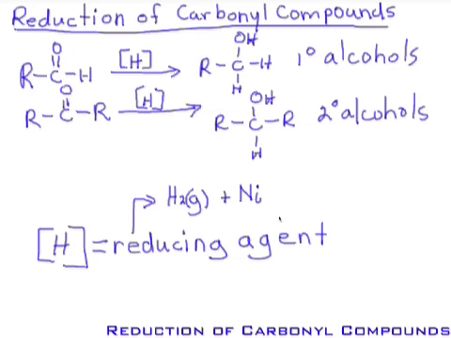Nickel acts as a catalyst to activate hydrogen. We'll talk more about this catalytic hydrogenation reaction when we look at it again in alkene chemistry. This is often accompanied by heat and pressure. So sometimes you have to put the H2 gas under some pressure.